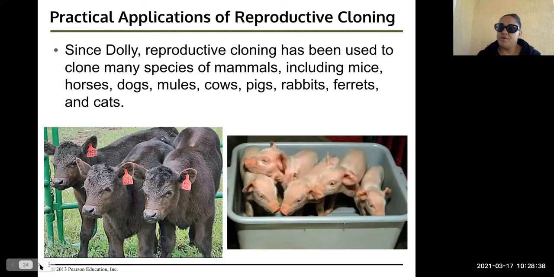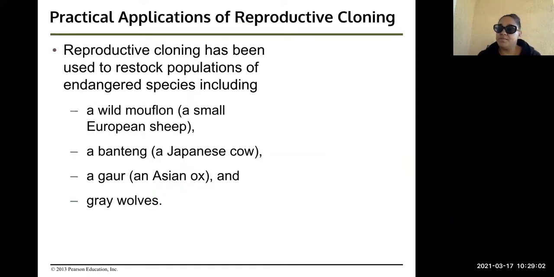Since Dolly, reproductive cloning has been used to clone many species of mammals, including mice, horses, dogs, mules, cows, pigs, rabbits, ferrets, and cats. Reproductive cloning has been used to restock populations of endangered species, including a wild mouflon, which is a small European sheep.